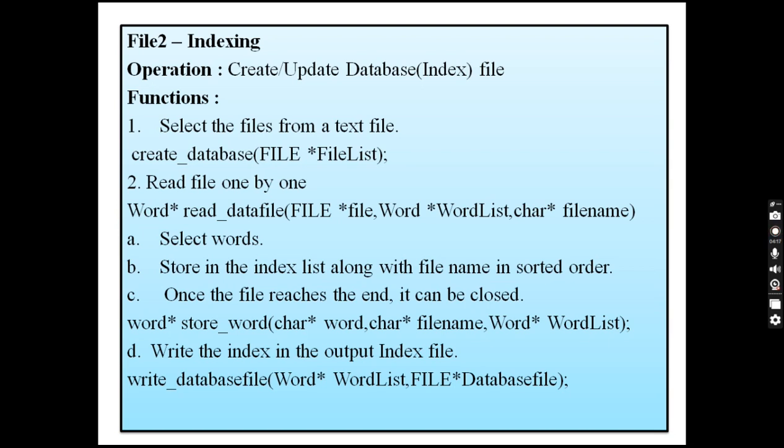Now the words along with the file list, that is each node's contents, are written to the database file. In the file also, the words should be written in sorted order. After that, the file is closed properly. So here the function write_database(word *word_list, FILE *database_file) is used.